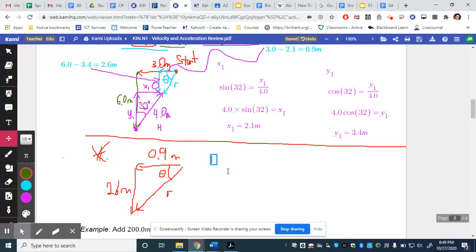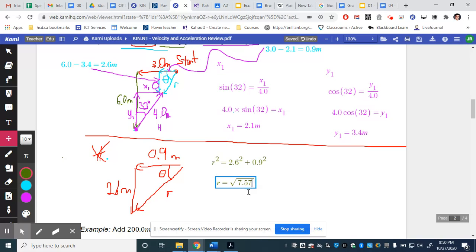And so the way we do that is r squared equals 2.6 squared plus 0.9 squared, and you get r equals the square root of 2.6 squared plus 0.9 squared, which is 7.57.